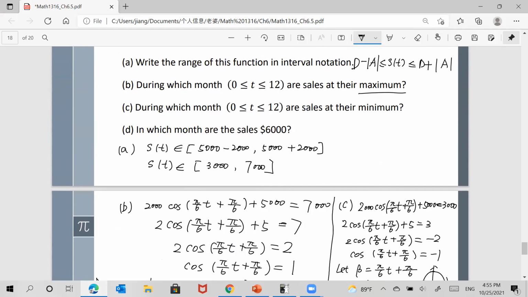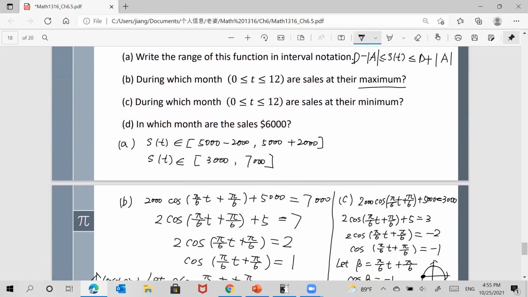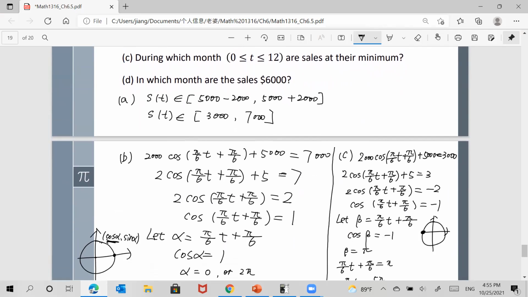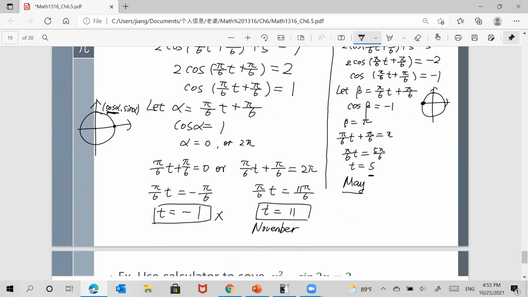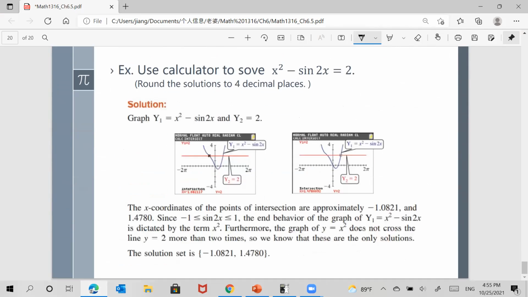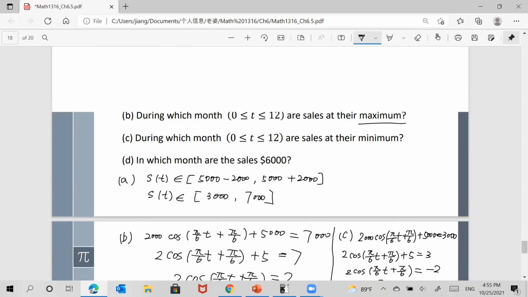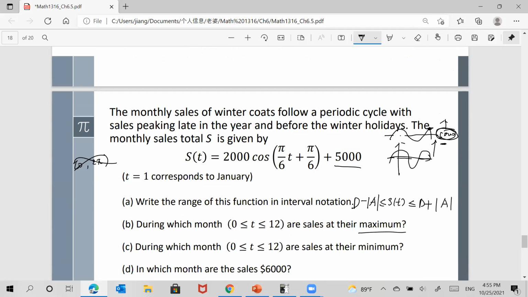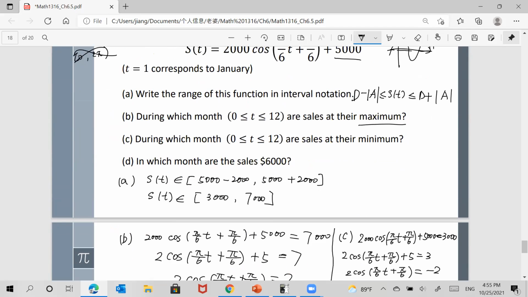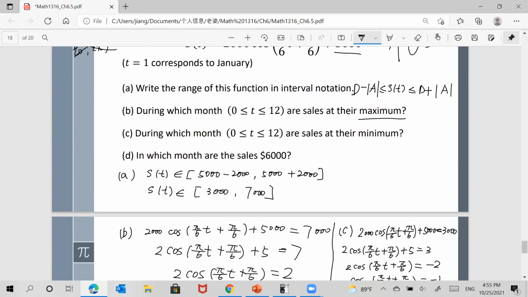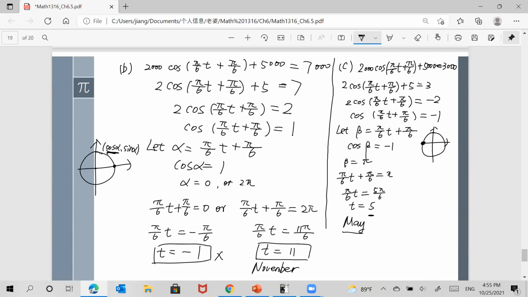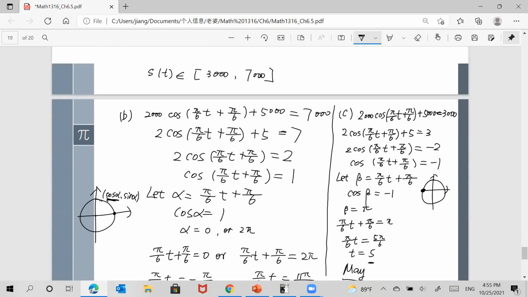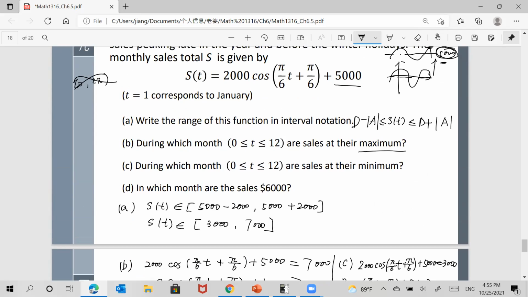So what is number D? In which month are the sales 6,000? Oh, maybe that's the answer for number D, not number C. Oh, I don't have space. Let's see where I can find a space. Number D, it's so messy here. Can I write here? No. Okay, so just make a space here.